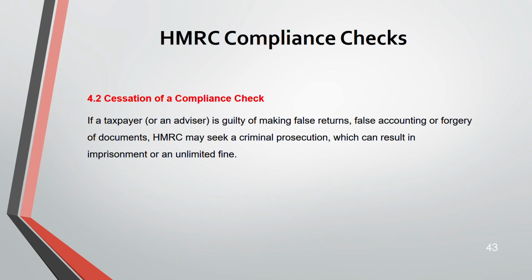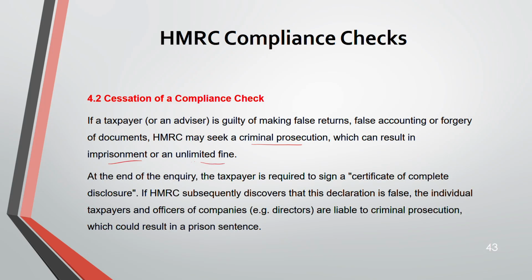And if the taxpayer is guilty of making false return, remember it could be your advisor also who is making the return. That's why taxpayer or advisor, if they are guilty of making any false return, then HMRC may seek a criminal prosecution against them. Maybe they might be put in prison, or a fine might be taken from them.